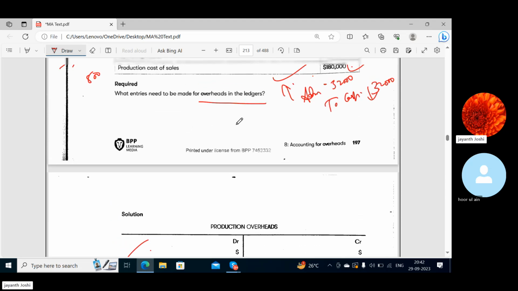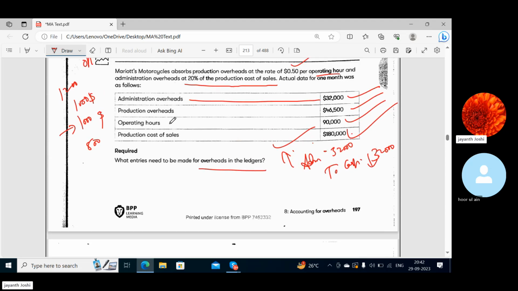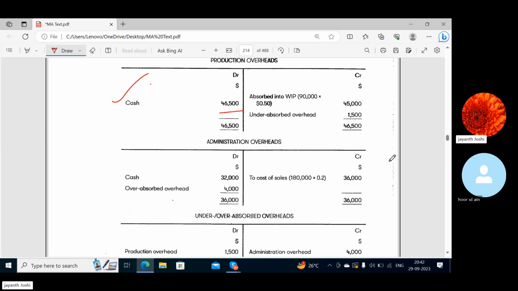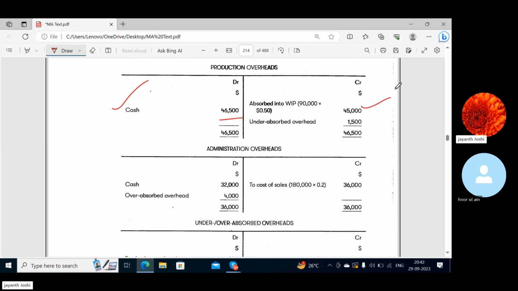We will take the operating hours and multiply with the predetermined overhead absorption rate, that is 0.50. So 90,000 into 0.50 will give me 45,000. This is your absorbed overhead and this is your actually incurred one. This is more than this, right? So it is under absorption. How much? 1,500. Clear?